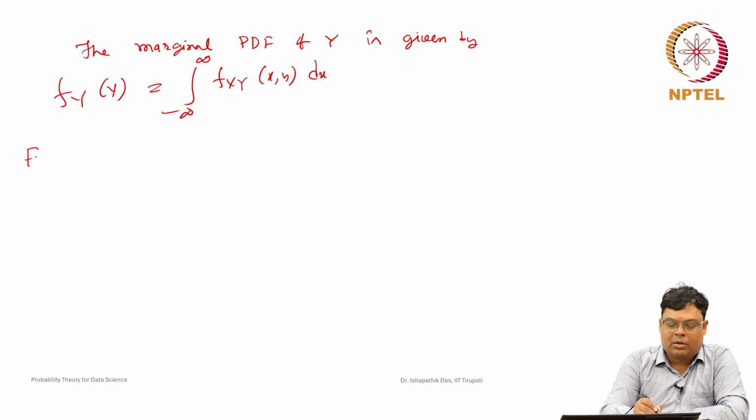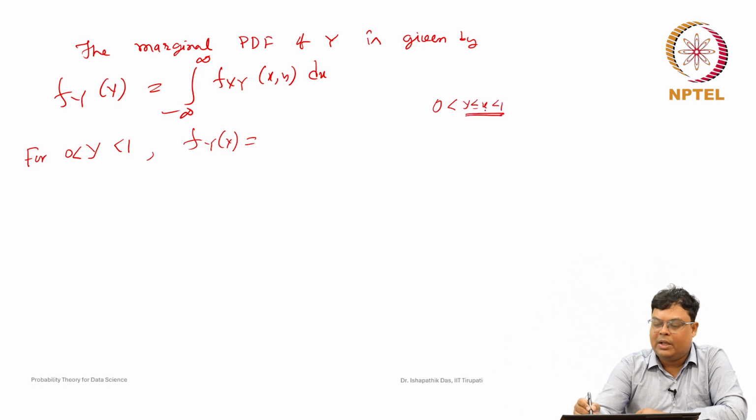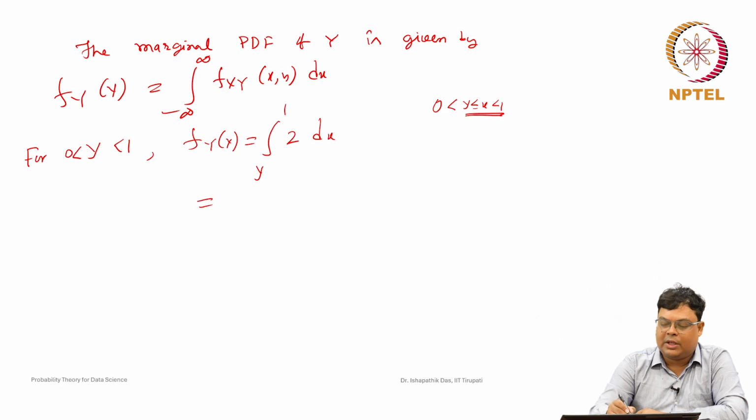For y greater than 0 and less than 1, we have to find the limit. This is non-zero whenever 0 is less than y less than or equal to x less than 1, so the limit of x will be y to 1 for a given y. This is the integral from y to 1 of 2, a constant, dx, which is 2 times (1 minus y), otherwise the value is 0.